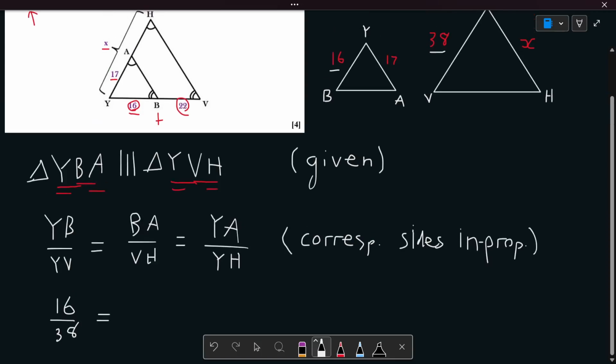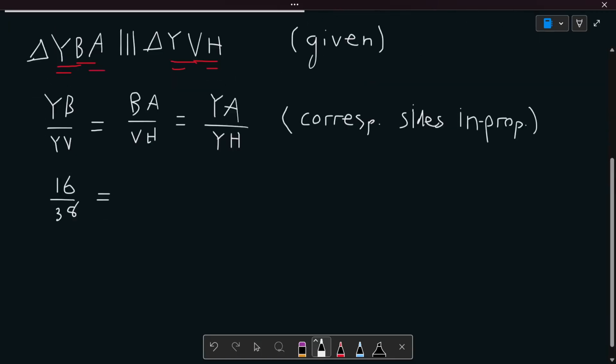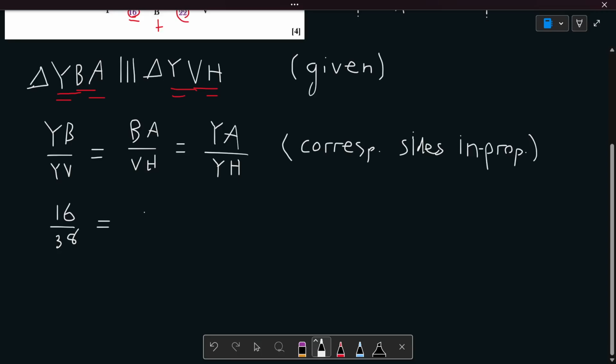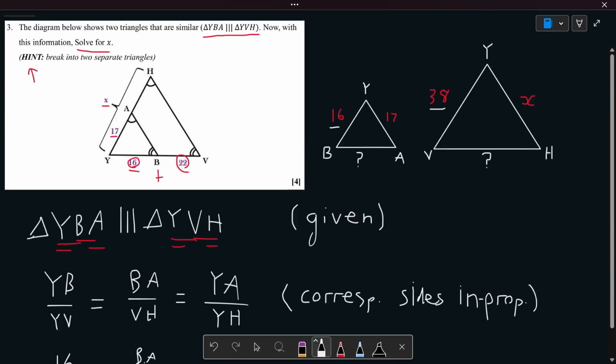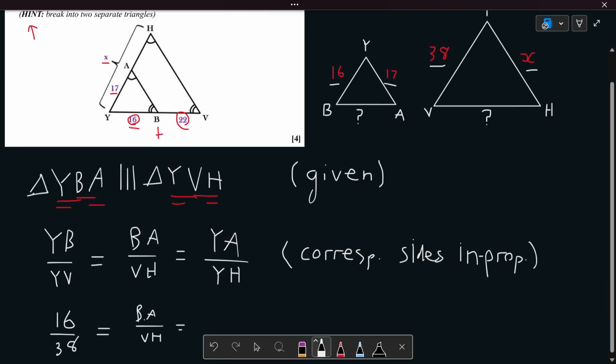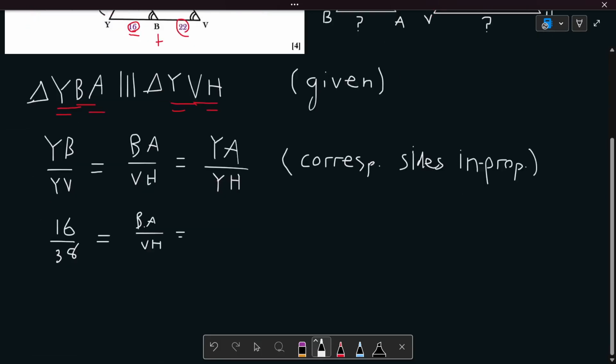We can see over here that we don't even know BA, and we don't even know VH either, because BA over VH. So we just leave it as the normal letters, because we don't know the information there. So we're going to have BA all over VH is equal to, then we have YA. YA is actually equal to 17, and YH is equal to X. So it's going to be 17 over X.